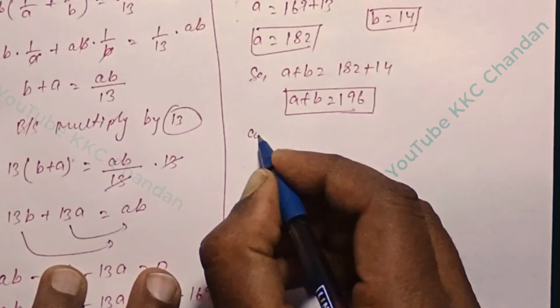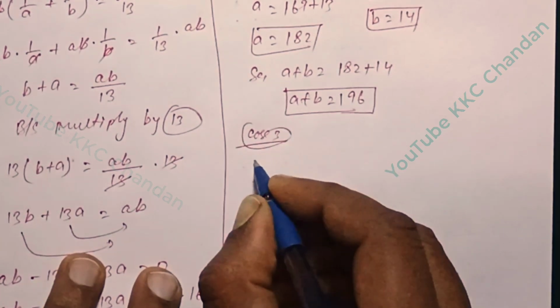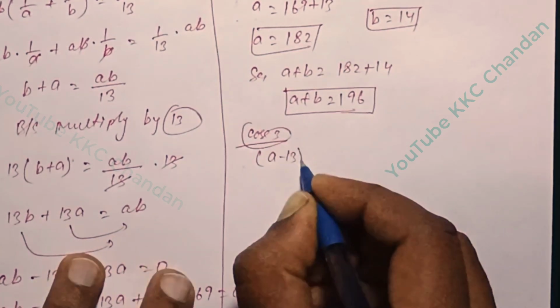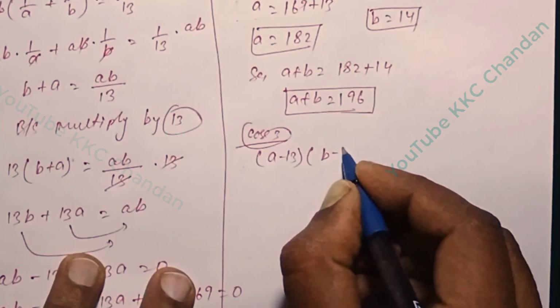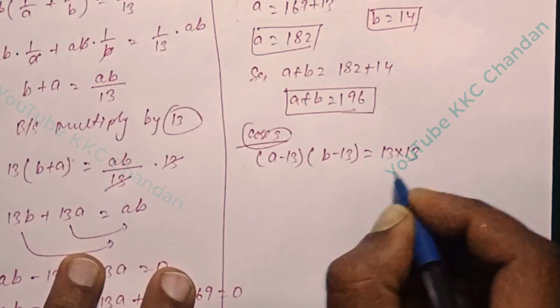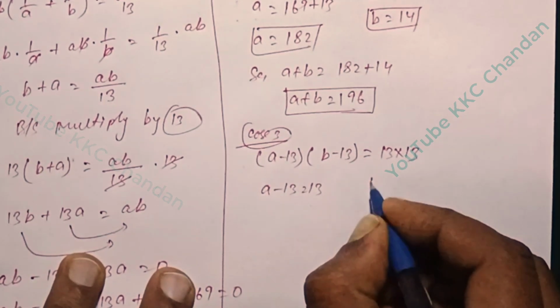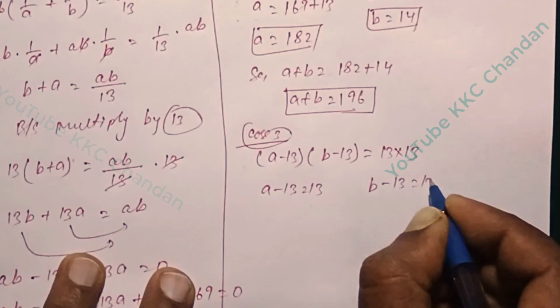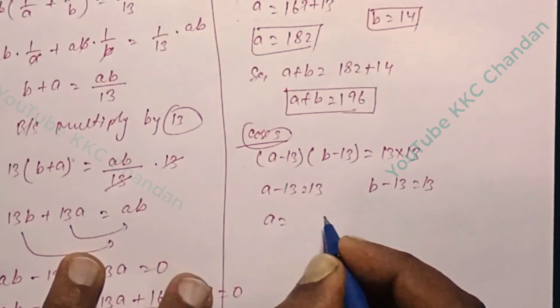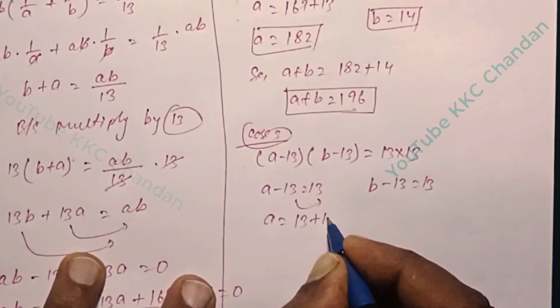After that, case number 3. Case number 3 says that bracket open a minus 13 into b minus 13 is equal to 13 into 13. Therefore a minus 13 is equal to 13, b minus 13 is equal to 13. Therefore a is equal to 13, this comes this side, plus 13.